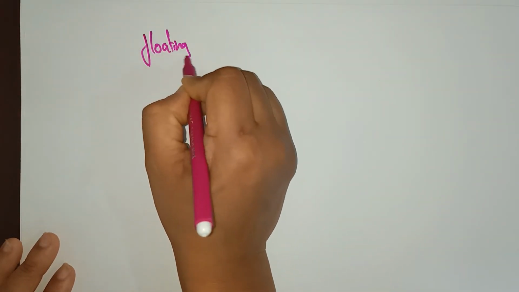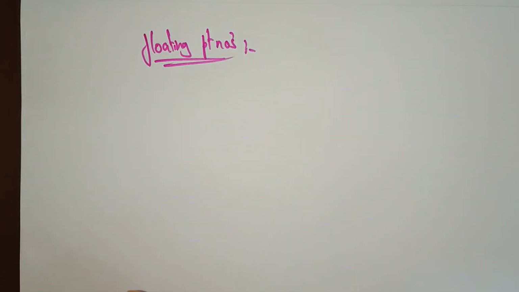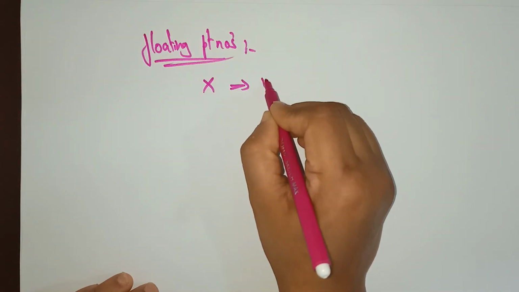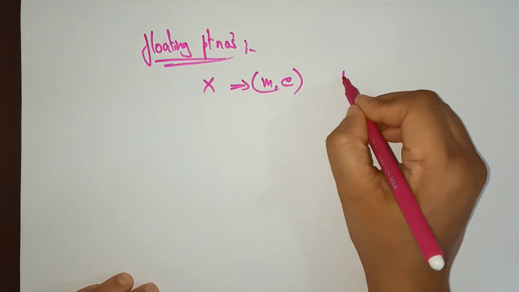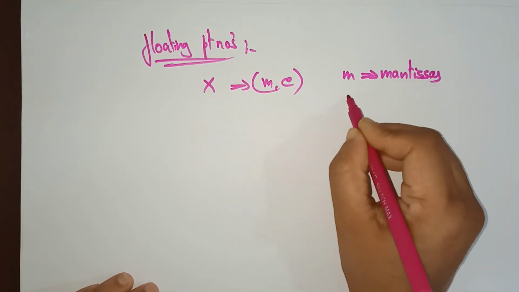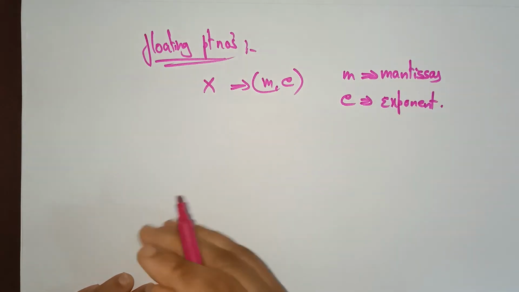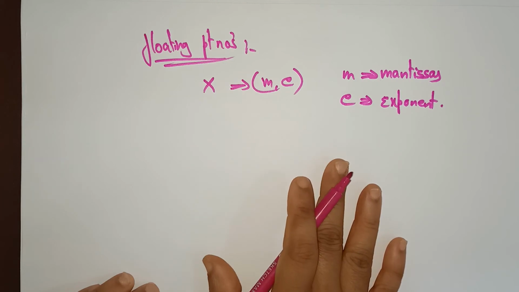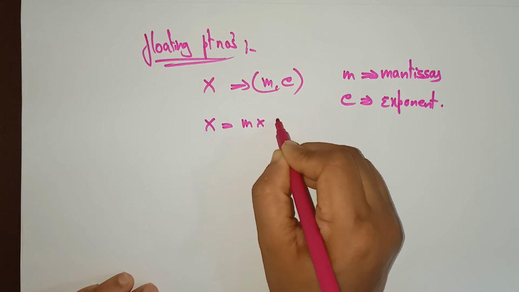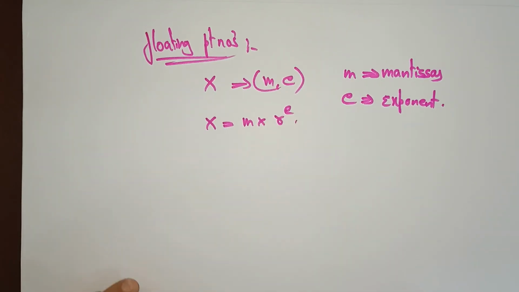So now, floating point numbers. A floating point number, let's take x, is represented with the pair m comma e, where m we call the mantissa and e we call the exponent, with an implied base radix. The algebraic notation of this floating point number is m into r power e, where r is the base, e is the exponent, and m is the mantissa.